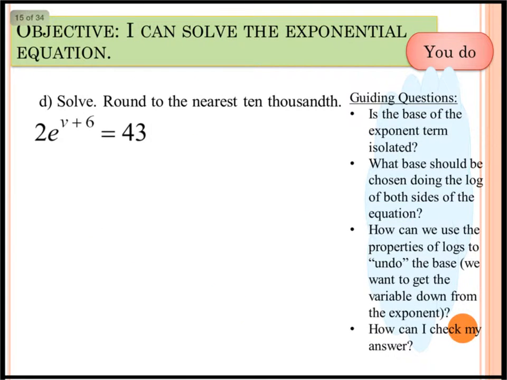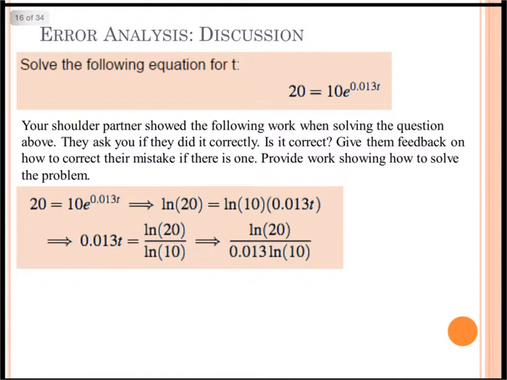Now go ahead and try the you do, read through it, attempt the problem, and also plug your answer back into the equation to make sure that you got it correct. After that, there's an error analysis slide, so take a look at that. They made a mistake that students commonly make. Analyze it, put some notes on your paper, and then I'm going to ask that you go to Canvas under discussions, and there's a discussion link.